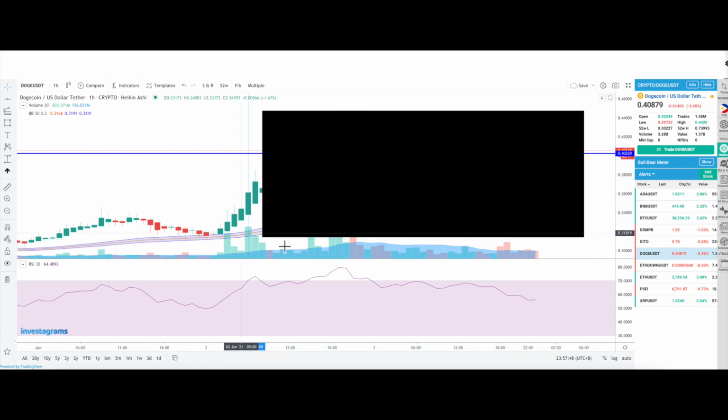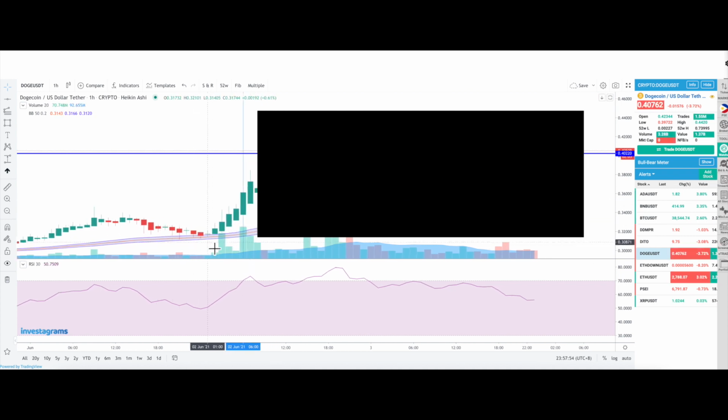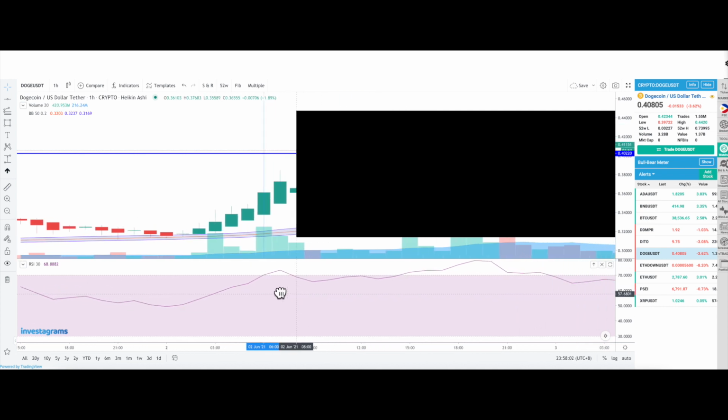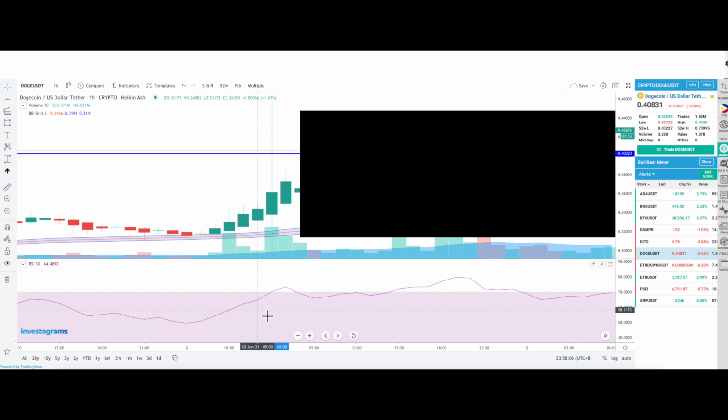Assuming you only have this candle in this area, what you need to do first and foremost is wait until the RSI registers a reading of 72 and above.